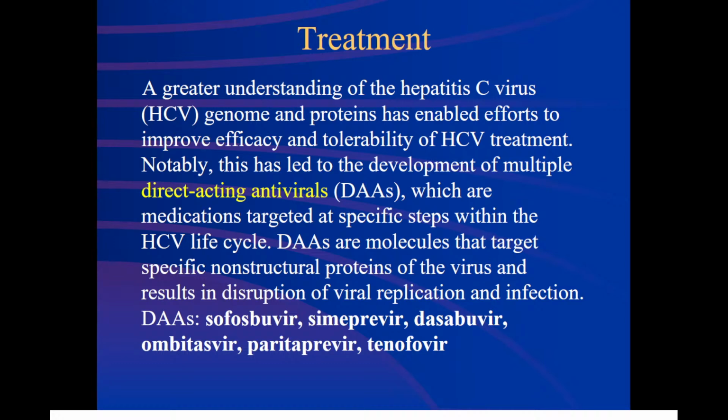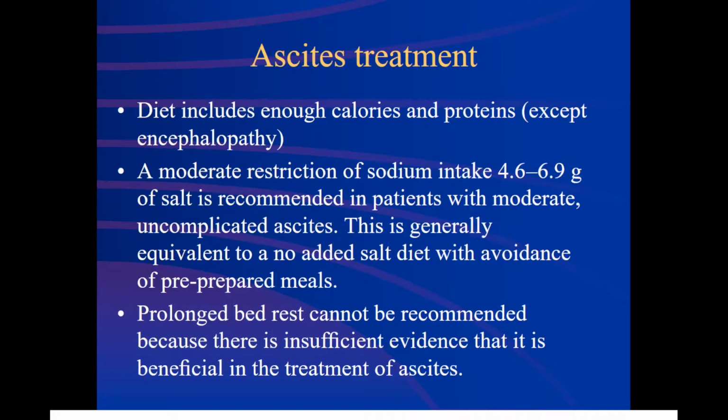Direct-acting antiviral drugs are sofosbuvir, simeprevir, dasabuvir, ombitasvir, paritaprevir, tenofovir. It's not our task for today to speak about viral hepatitis, acute and chronic. So I only mentioned a few special groups of drugs which are effective antivirals in case of chronic hepatitis.